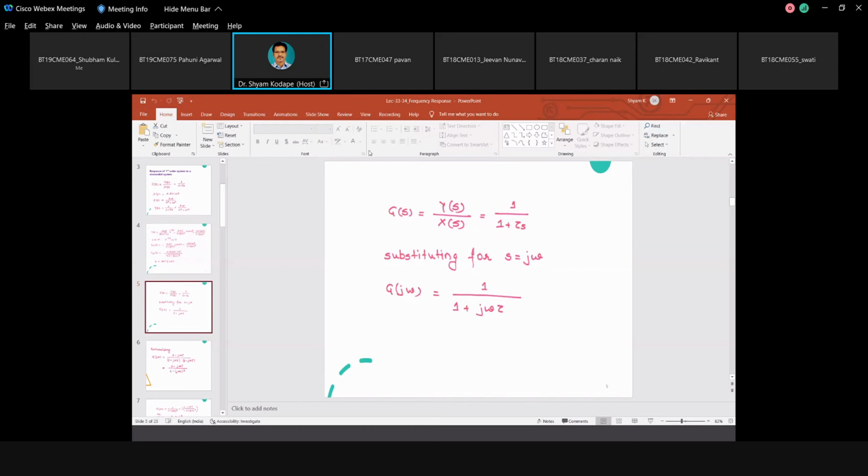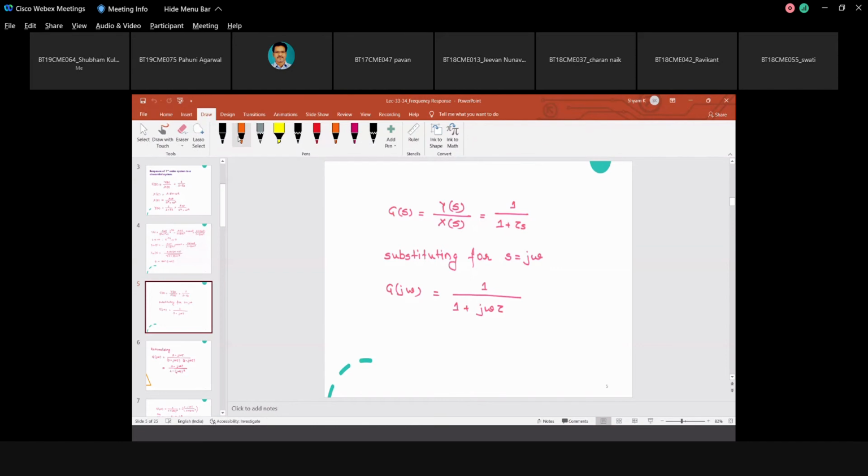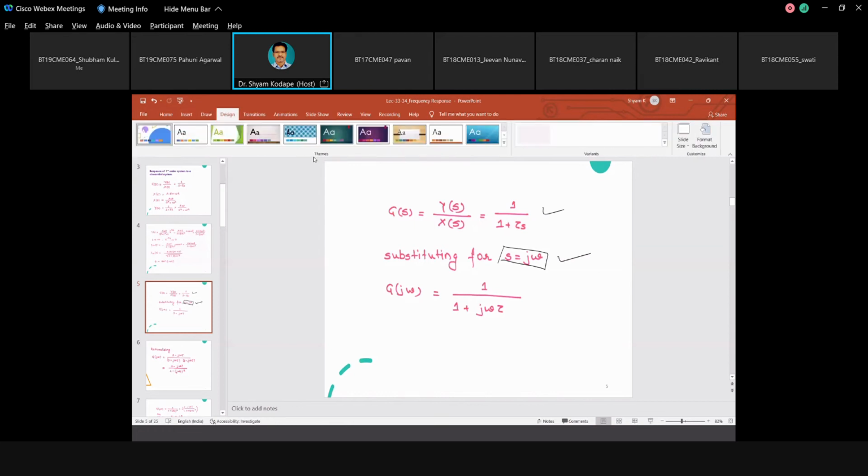For converting into the complex number, substitute s is equal to j omega. I will take the help of complex number algebra. In the next slide, you will come to know what the result actually is.